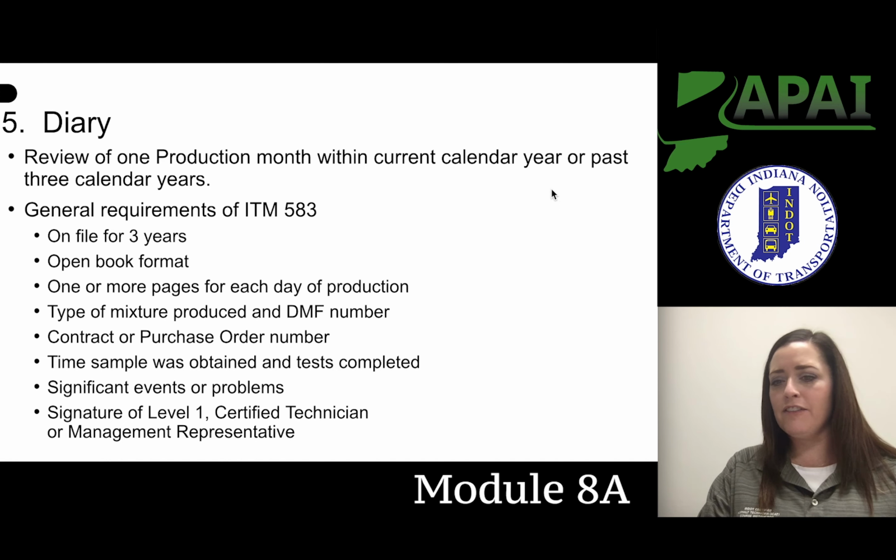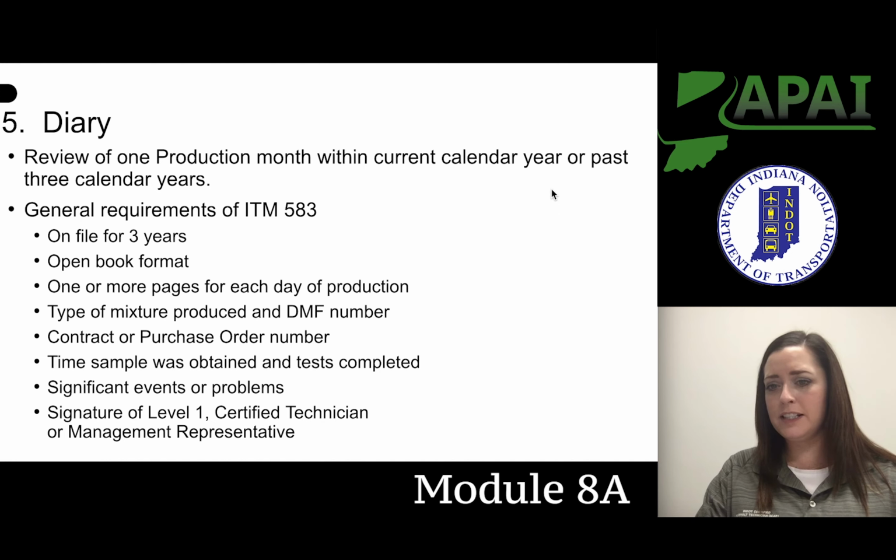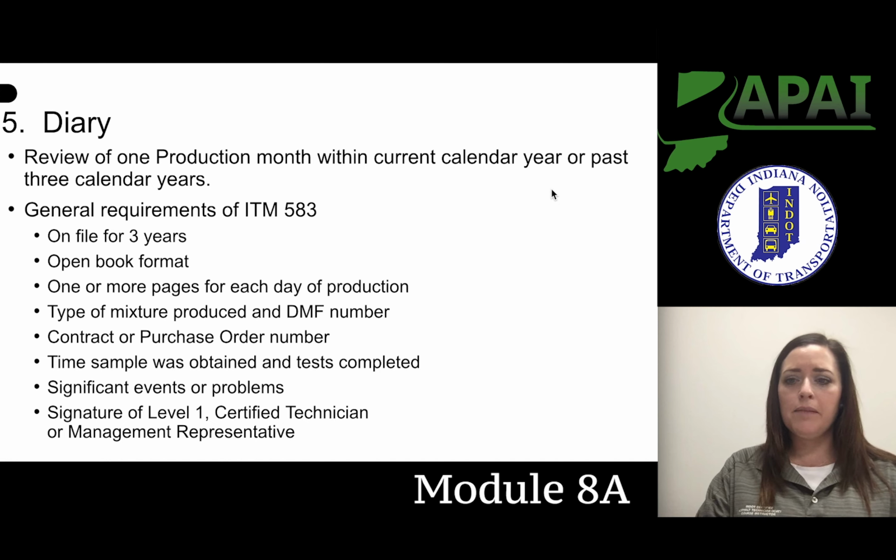Any significant events or problems also need to be noted in the diary. These could include a variety of things. Some of them might be that you were rained out for the day, so no more mix was placed or a small quantity of mix was placed. There could have been something wrong at the plant. The plant could have a hiccup and you ended up shutting down for the day.